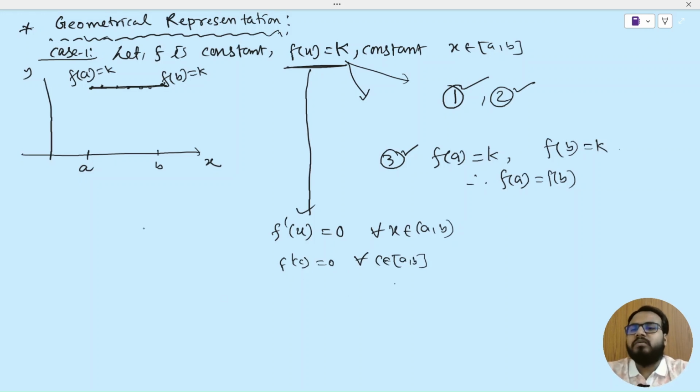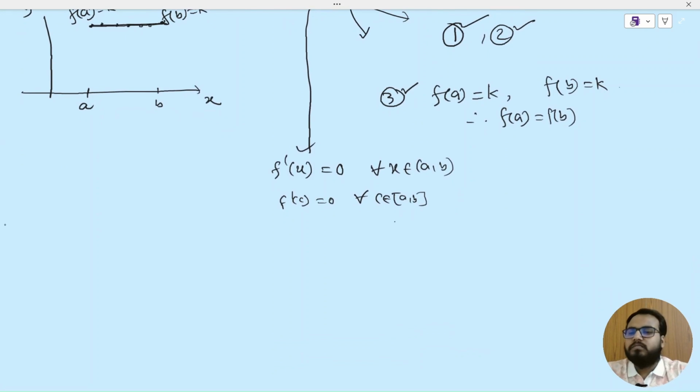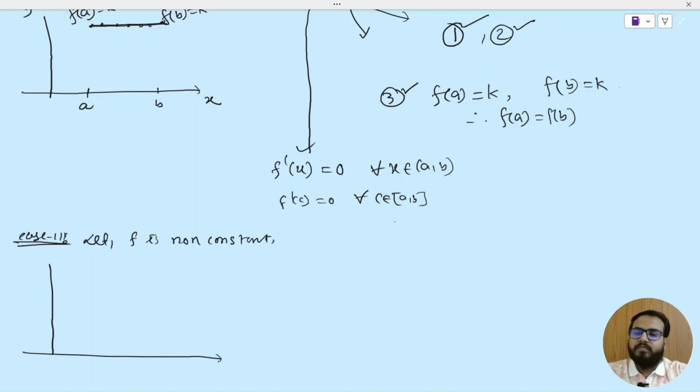Now we discuss case 2. Let f be a function which is non-constant and f satisfies all the three conditions of Rolle's theorem. Then, if we draw the figure of f, it will look like this.